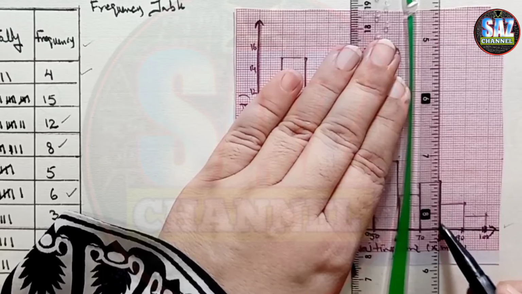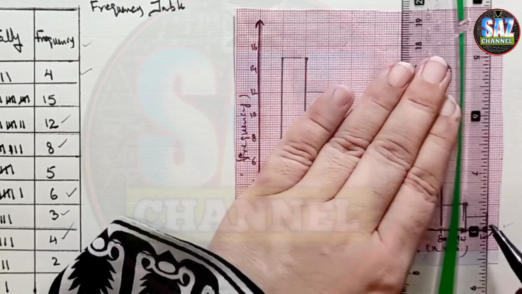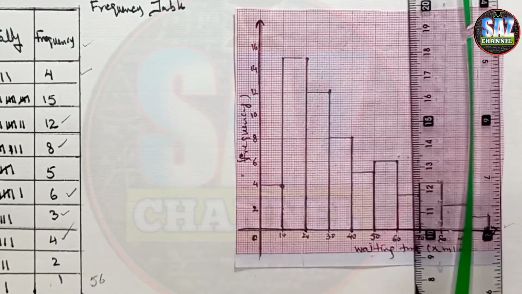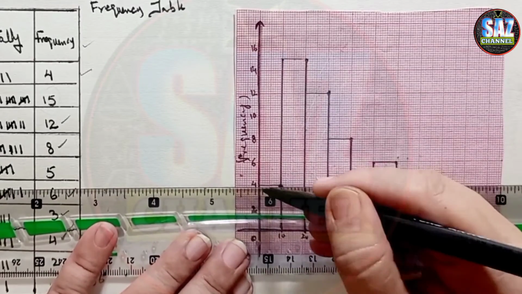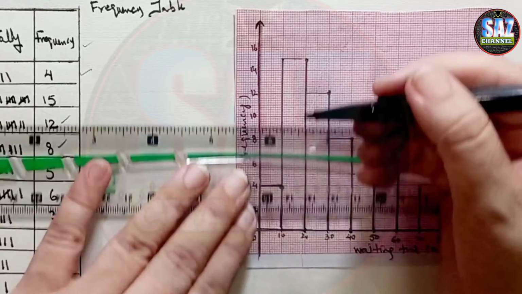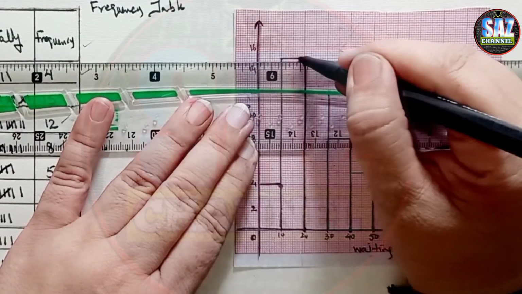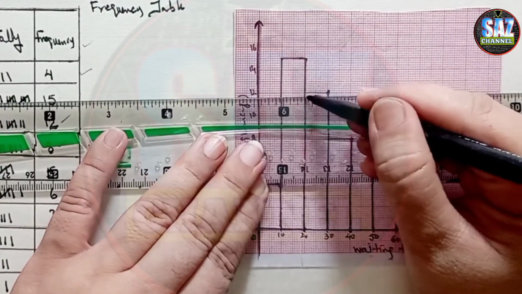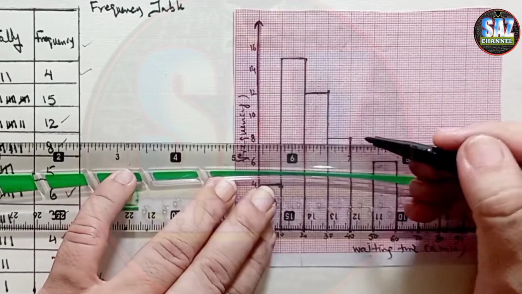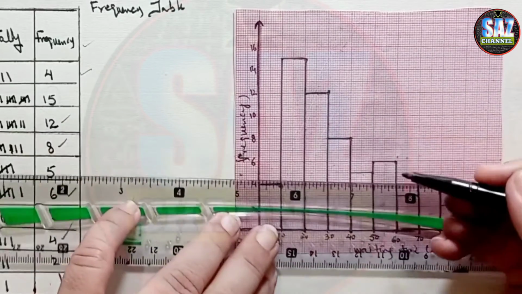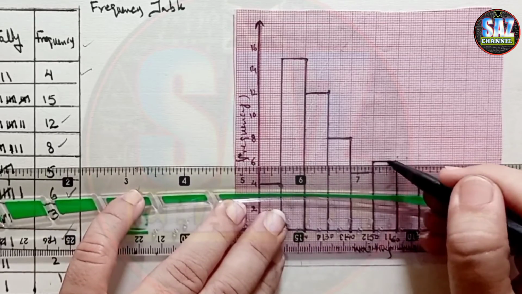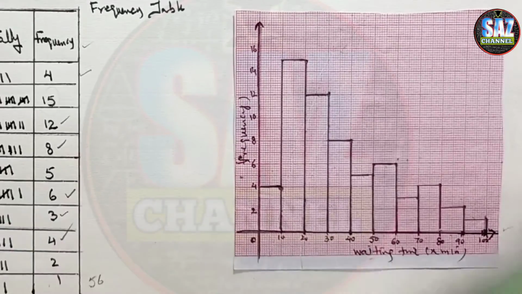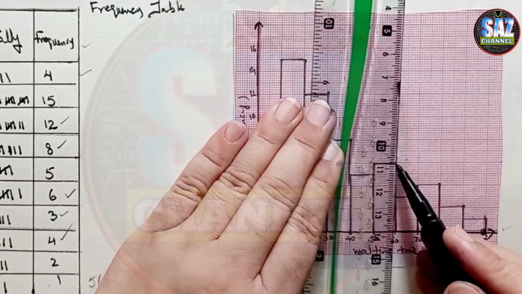I hope through all these lessons you are really clear how to construct the histogram with equal and unequal class width, what the class limits and boundaries are, and why it's necessary to check the class width of all the classes, and what to do if the class width of even a single class is not equal.